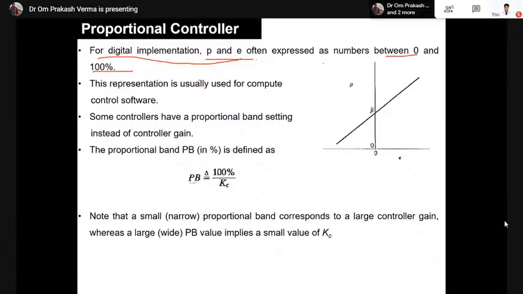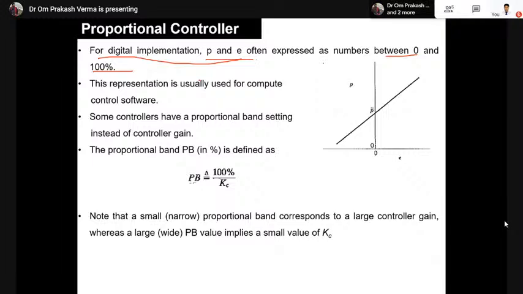So for the digital value, the proportional controller number lies in percentage. Percentage means what percentage of the valve we are going to open or close. Ultimately, the command of the controller is transferred to the final control element.